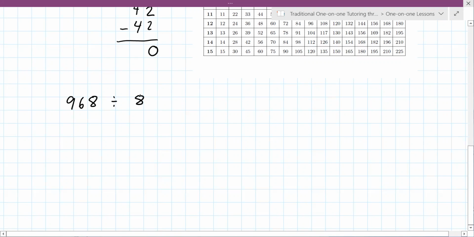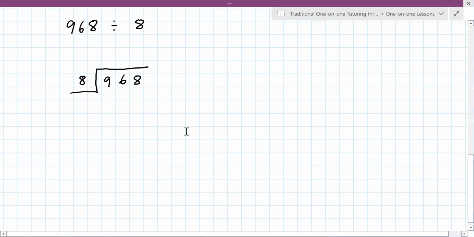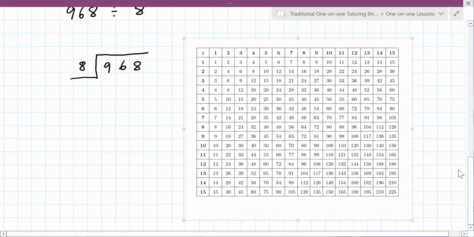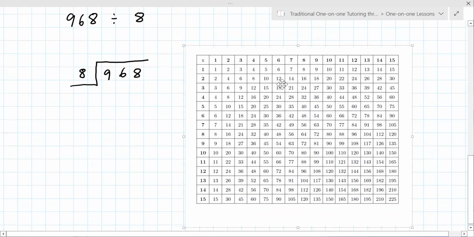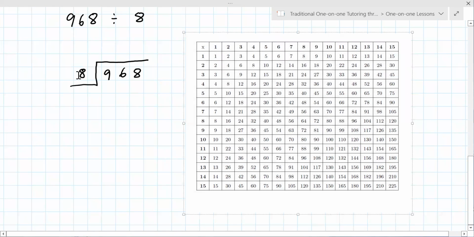So this is what you're asking about. So 8 goes outside, 968 goes inside. Okay, so now you have to ask yourself, you always ask yourself, how many times does 8 go into the first number? How many times does 8 go into 9?